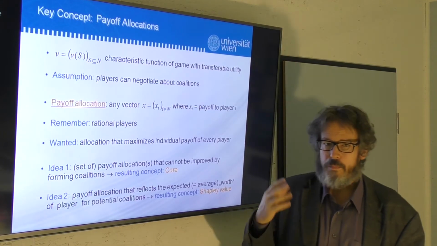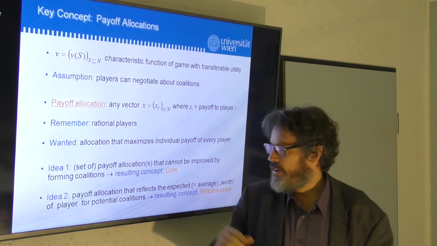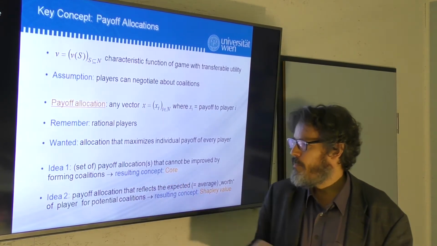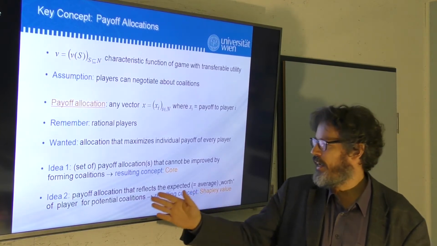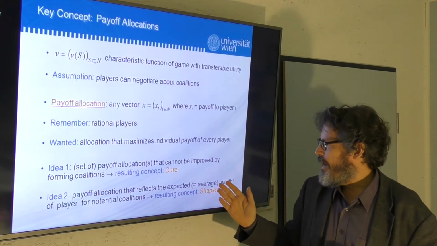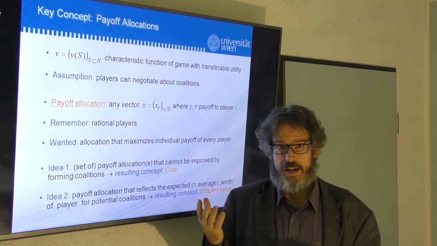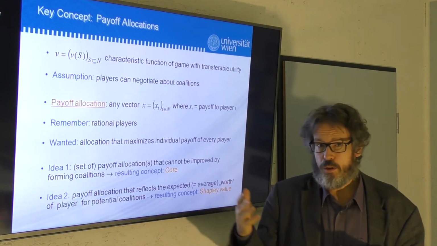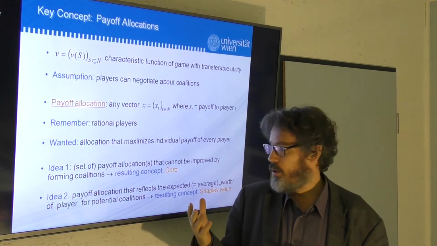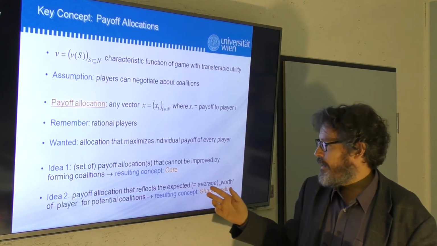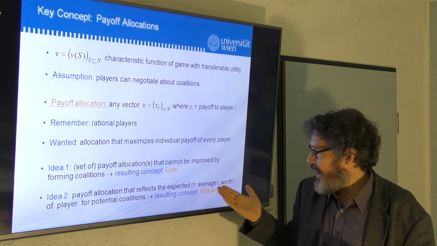And hence, in order to improve on that, there's another approach where we try to identify a payoff allocation which reflects the expected worth of a player concerning his or her contribution to a coalition. And it's, in a sense, the average worth.